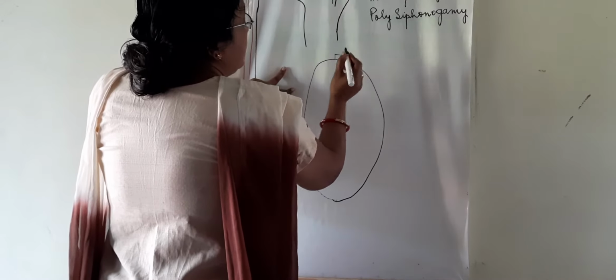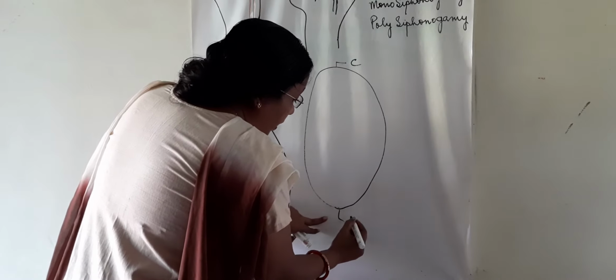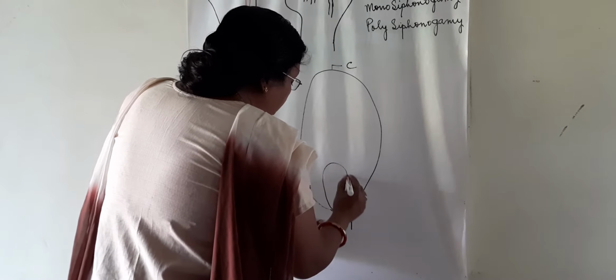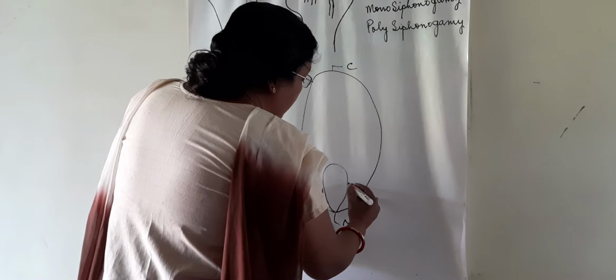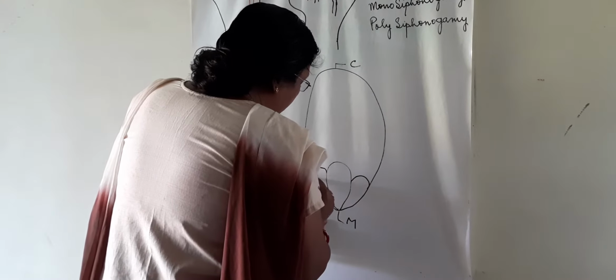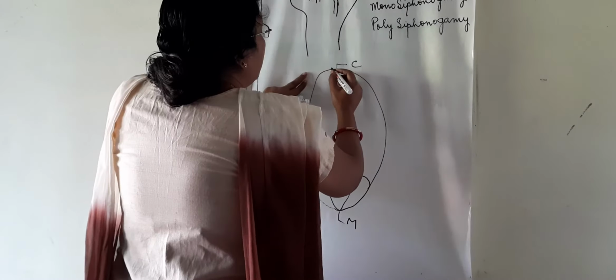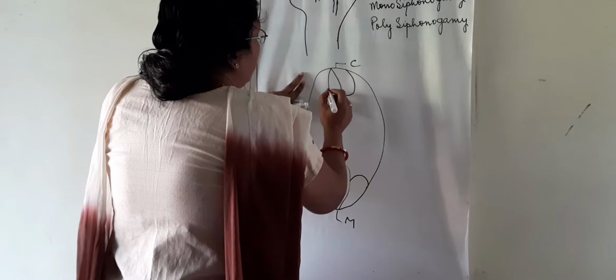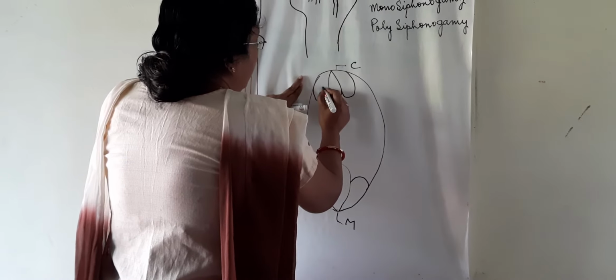This is the chalazal end and this is the micropylar end. One egg cell and two synergids are present at the micropylar end. Then there are three antipodal cells present in the chalazal end.